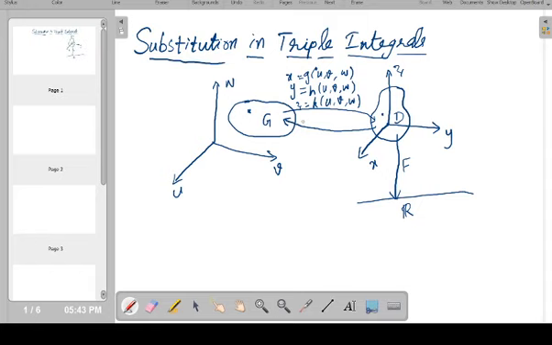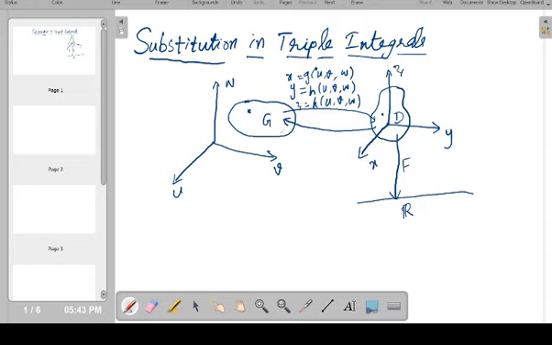This transformation is bijective, and from G to D and from D to G it is differentiable. That means all the partial derivatives of the variables x, y, z with respect to u, v, w exist and are continuous, and the other way around: all the partial derivatives of u, v, w with respect to x, y, z also exist and are continuous.